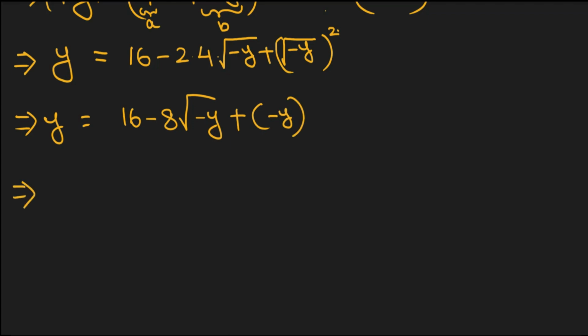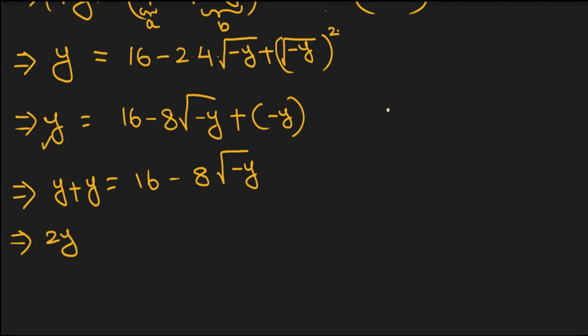Let us bring this minus y to the left hand side of this equation, then it will become plus y is equal to 16 minus 8 square root of minus y. Now we can write this as 2y, and let us bring this 16 to the left hand side of this equation, and it will become 2y minus 16 is equal to minus 8 square root of minus y.